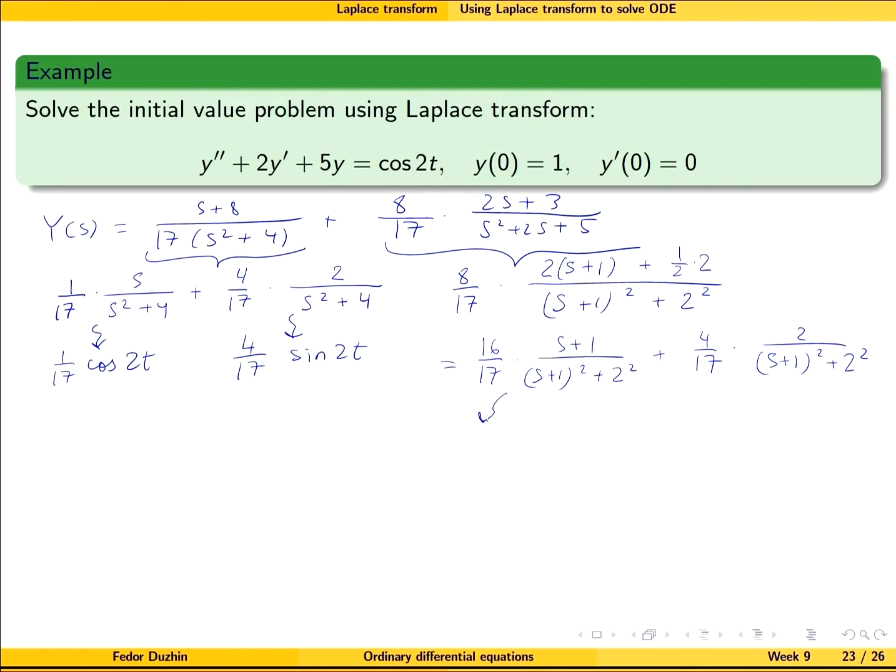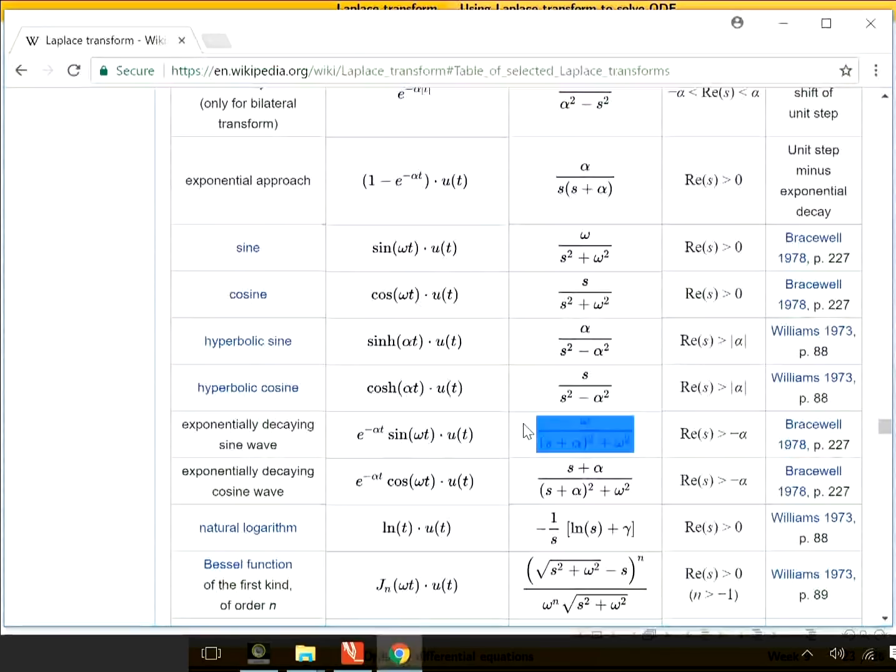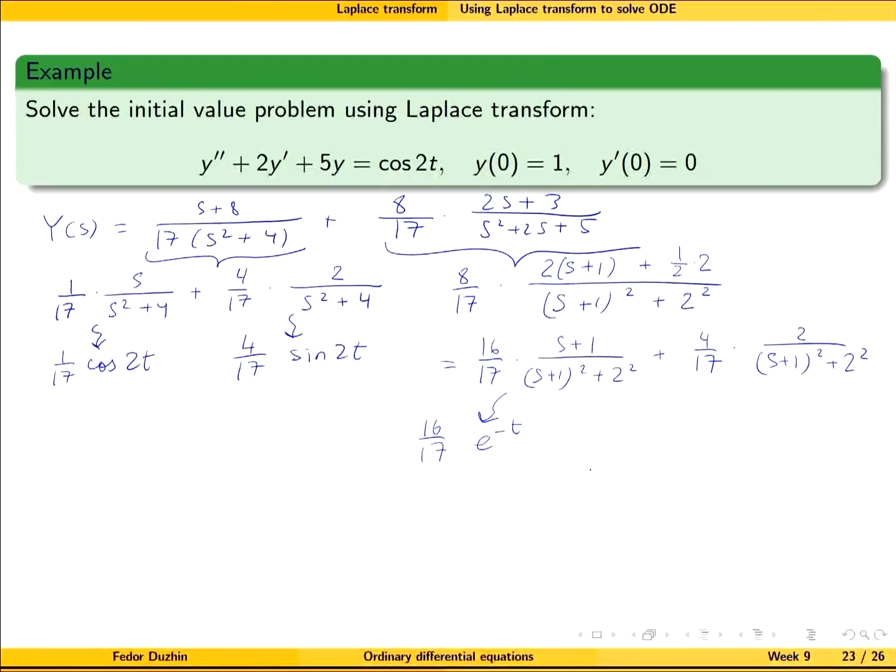And this is 16 over 17. Then s plus 1 gives us e to the minus t. Then this term is, I think, cosine. Yes, we have s plus alpha, so this is cosine of 2t, plus 4 over 17, and this is still e to the minus t sine 2t.